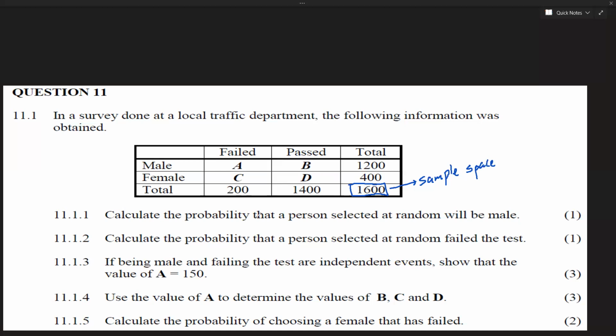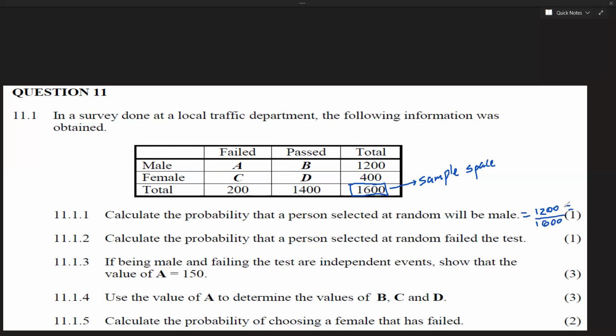They say calculate the probability that a person selected at random will be a male. So male is here, and then we go there, the total males is 1,200. So the answer to this question will be 1,200 over 1,600, right?